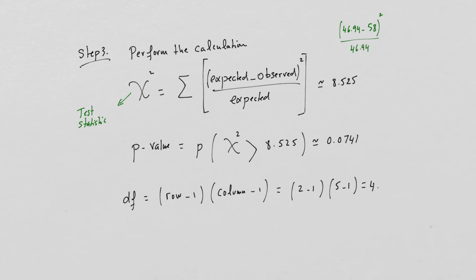That's just one of them. And then you go to the second one. And then you go to the third one. And how many are going to add? There are 10 of them. 10 terms, right? When you add them up, you should get 8.525.